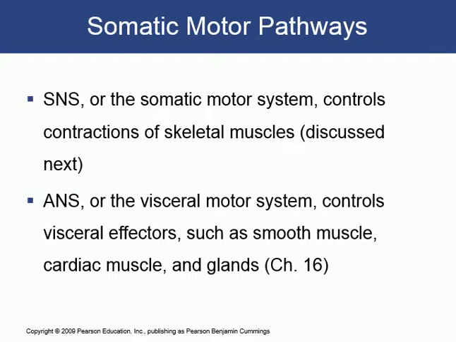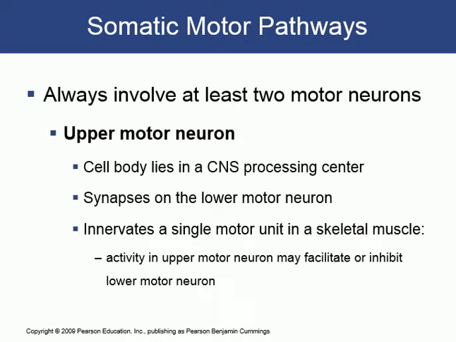Now the somatic motor pathways, is that going up or going down? The pathway is going down. When you're going up, how many levels do you go to? 3. The first one is first order, the second is second order, and third order neuron.